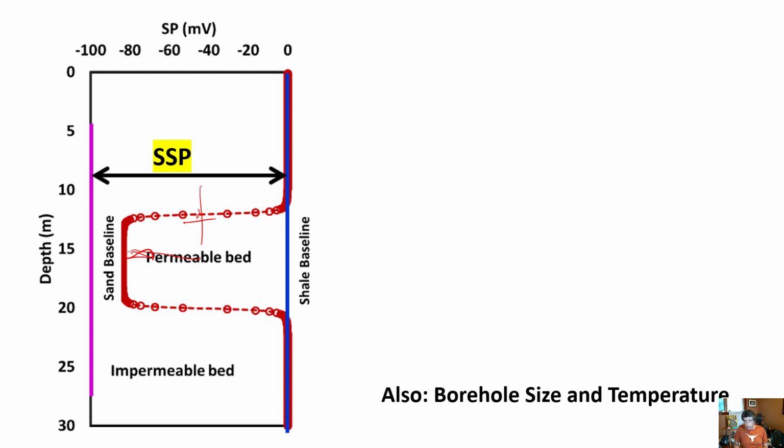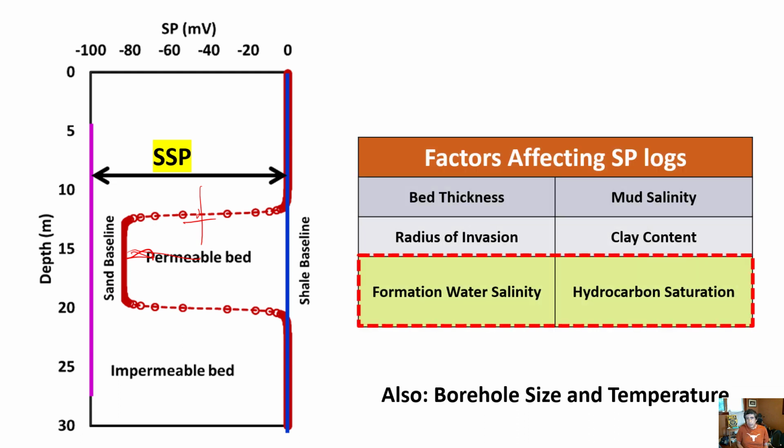So these are some of the conditions that we need to take into account when we measure the static spontaneous potential. Here's a summary: bed thickness is a significant concern.